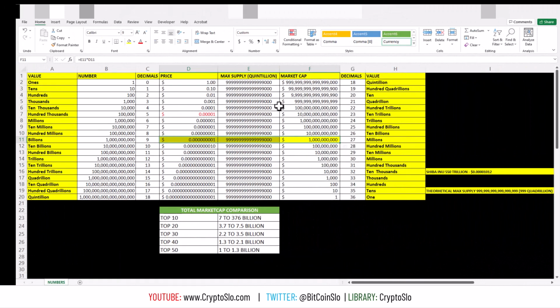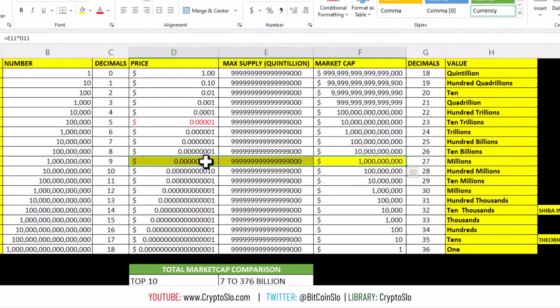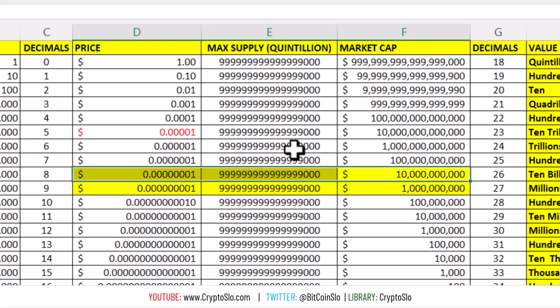So I would say 1 billion on the low end, okay? And then I would say 10 billion on the high end. Okay? So, what is my end prediction on this? That is, I would say, highly probable moving into the next 8 years.